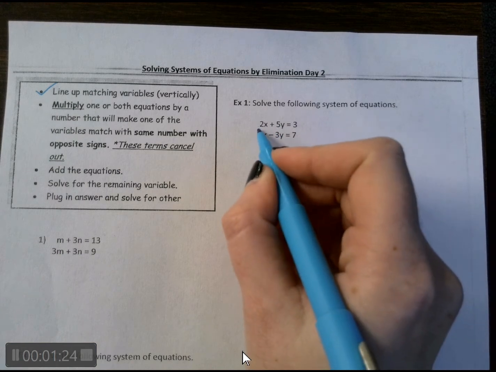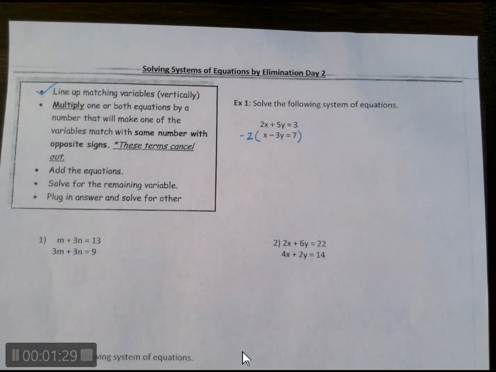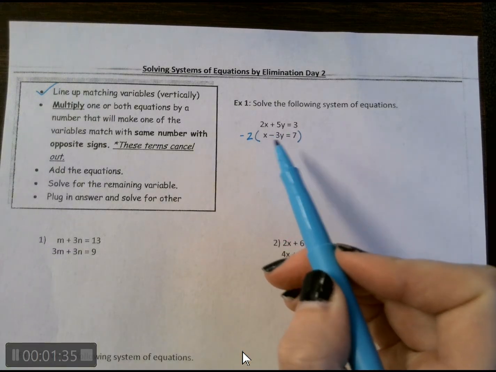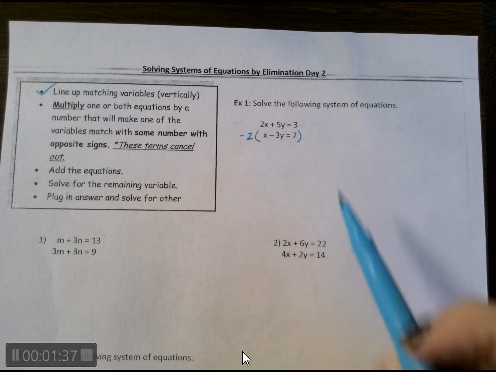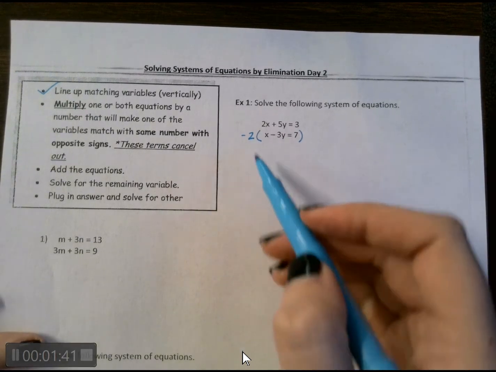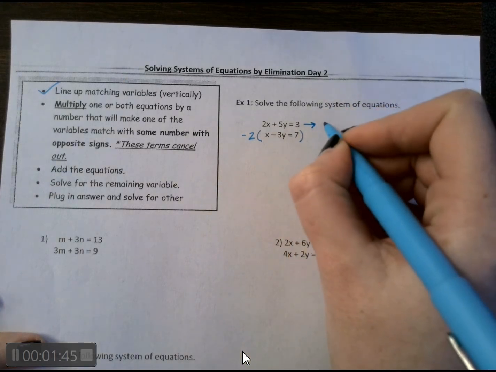So I need to multiply this entire equation by -2. I'm multiplying the entire equation because what you do to one thing, you must do to everything else to keep it equal.